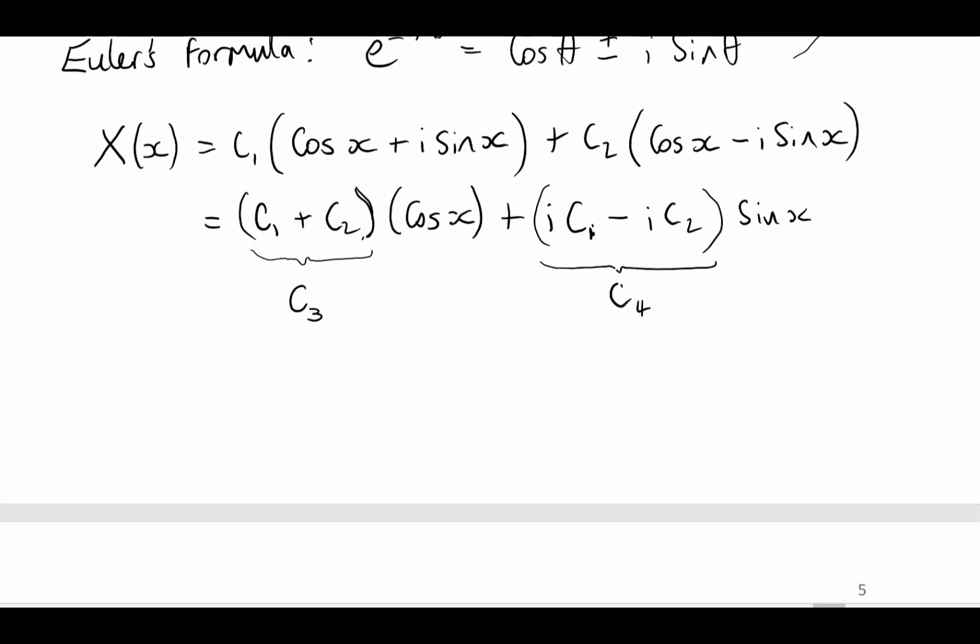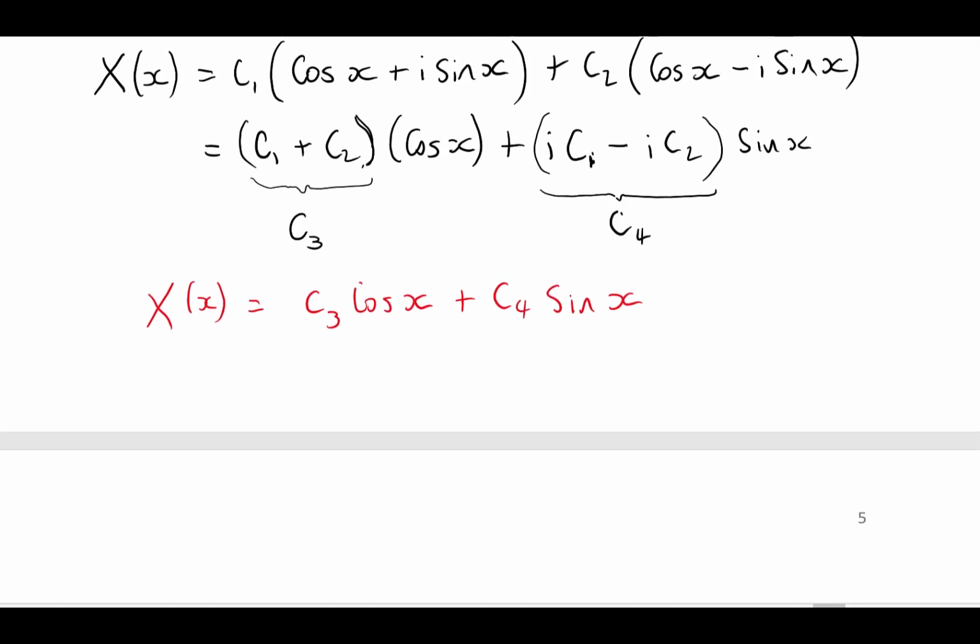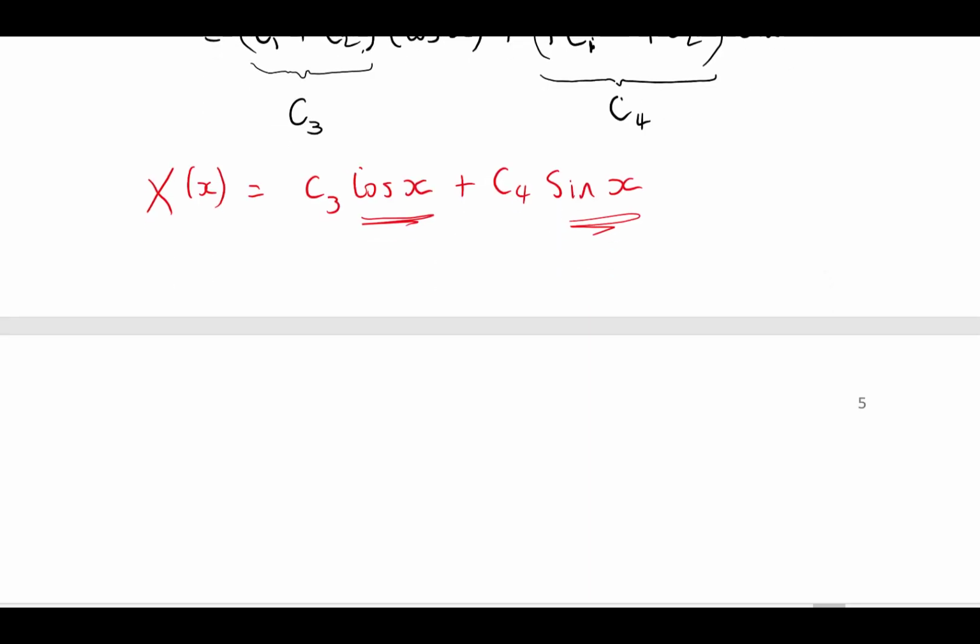And then we have another expression down here where x of x is also equal to C3 cosine x plus C4 sine x. So we've compared these exponential terms, and we now actually have an oscillatory solution because we've got a cosine x function and a sine x function. And I hope that you see some similarity with problem 2.5 at the end of the chapter.